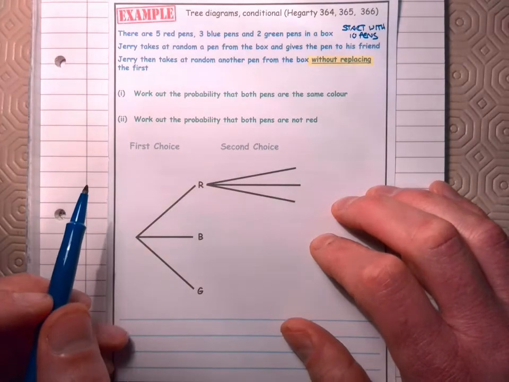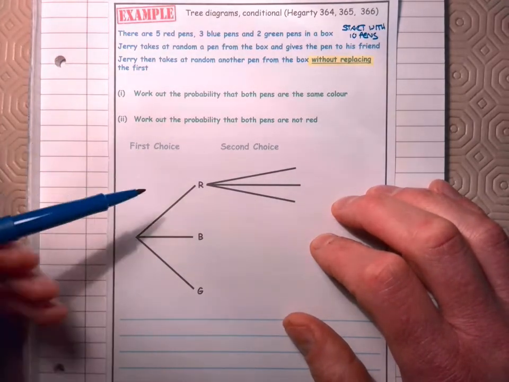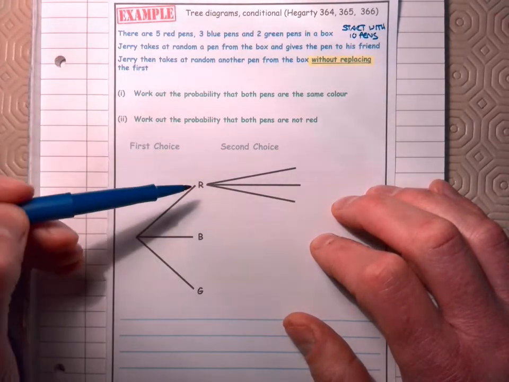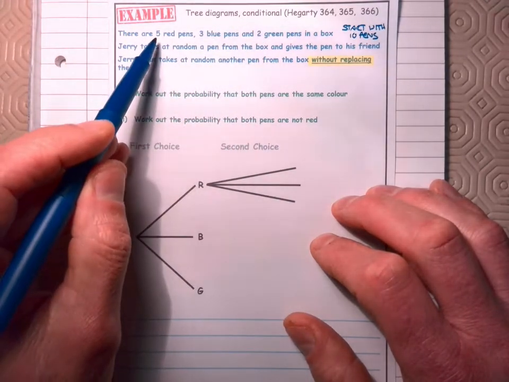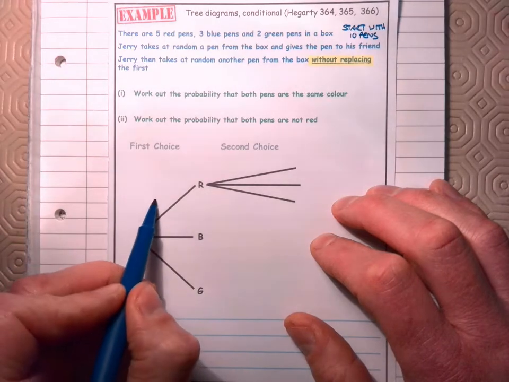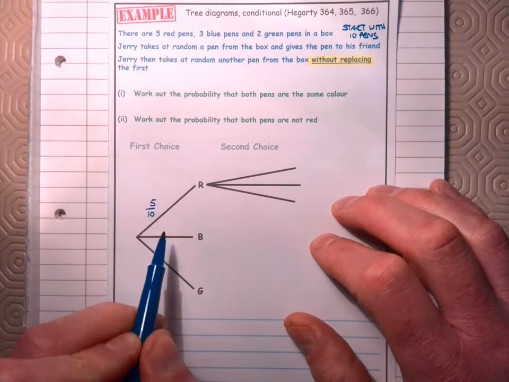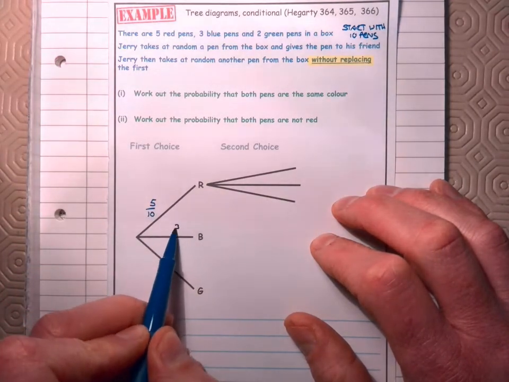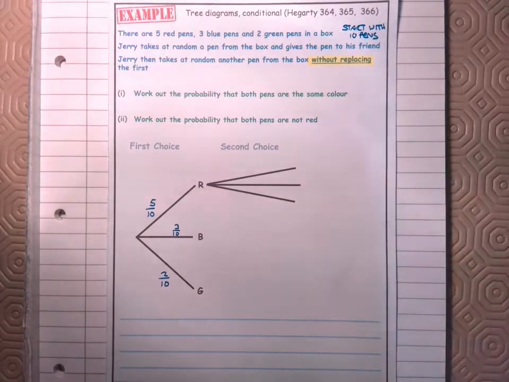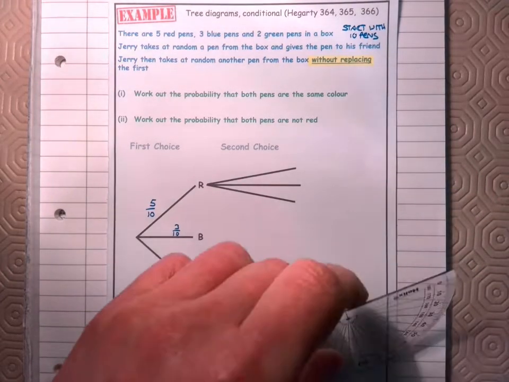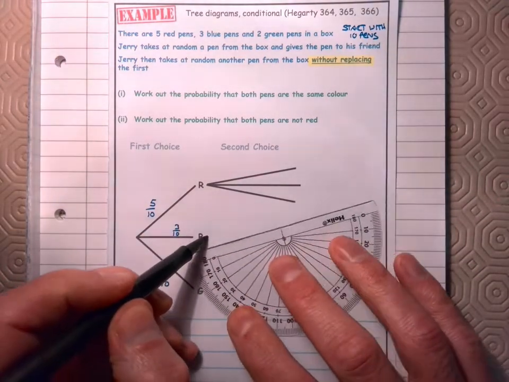For the first choice, we've got red, blue and green. The probability of getting a red is 5 out of 10, the probability of getting blue is 3 out of 10, and the probability of getting green is 2 out of 10.